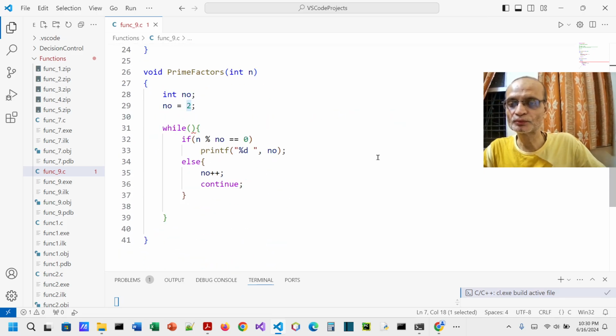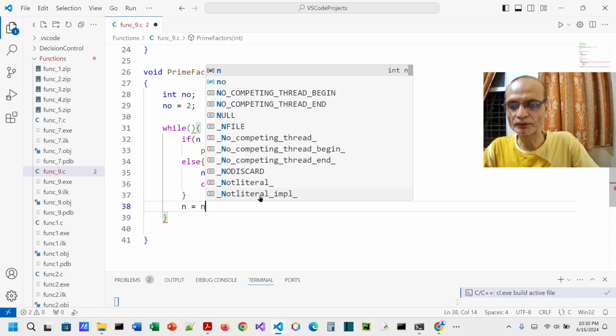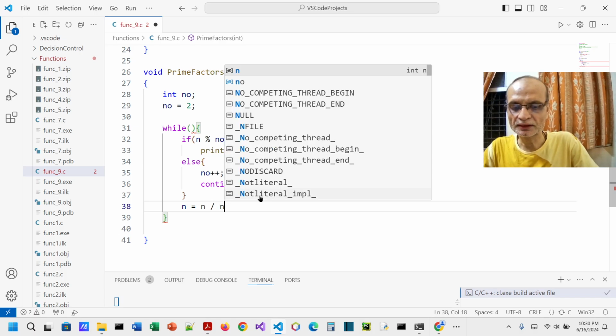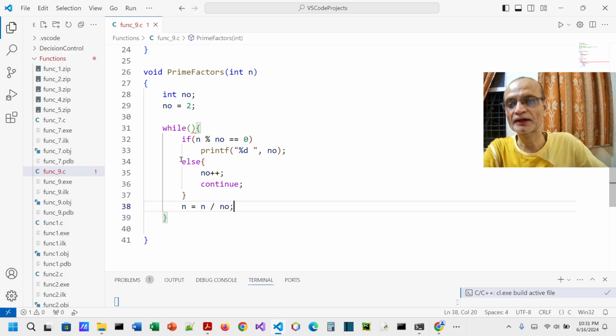When you say continue, you don't want the number to get divided, because the division didn't succeed, that's why it entered the else. You have this n which was sent to you, and you divide n by the number. Continue will not execute this line, because it goes to the last curly bracket and from there to the while loop. That means this statement gets skipped.